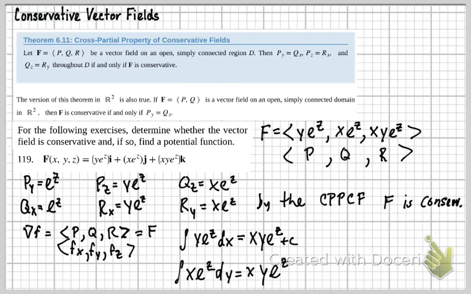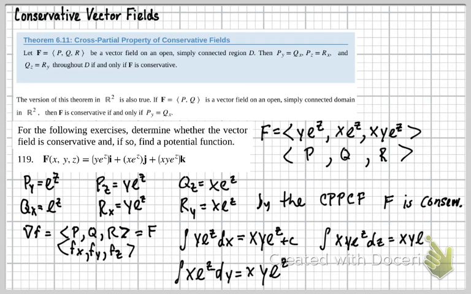Then the third one, which is the R, is supposed to be my fz. So my fz is supposed to be my R. I have to integrate the third one with respect to z: x y e to the z dz. The integral of e to the z is e to the z, and x and y are just going along for the ride.